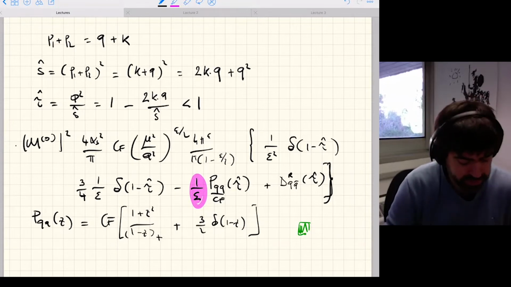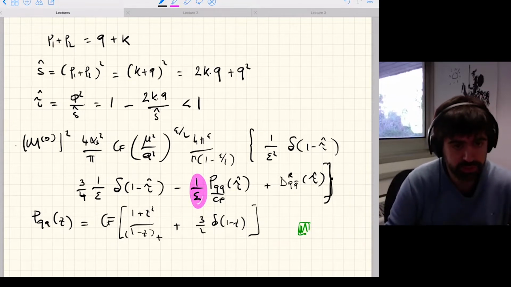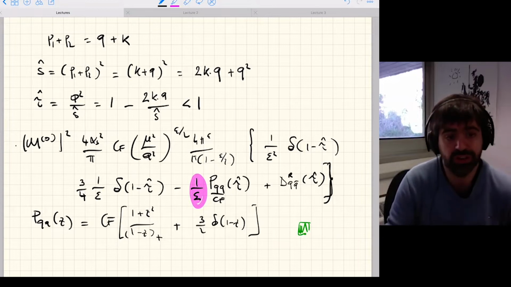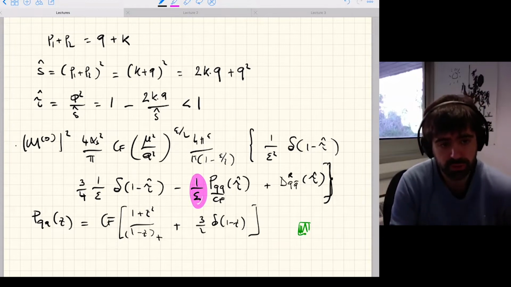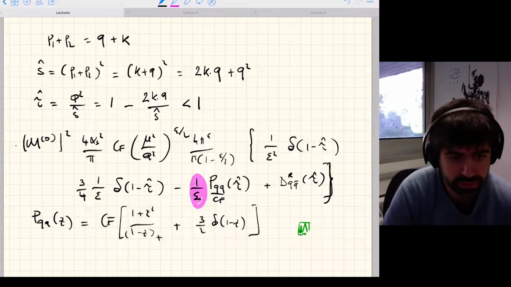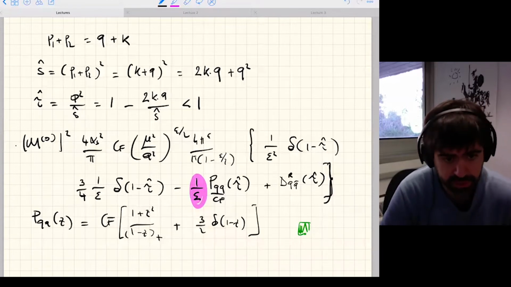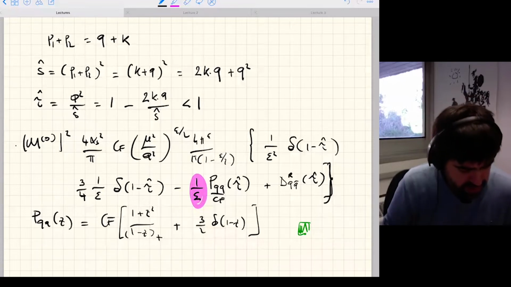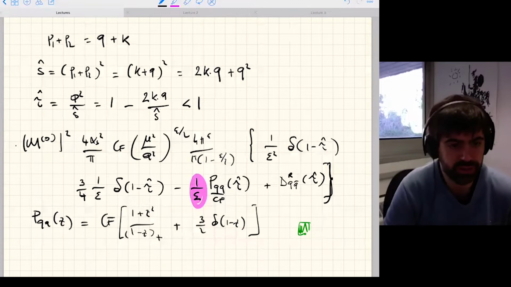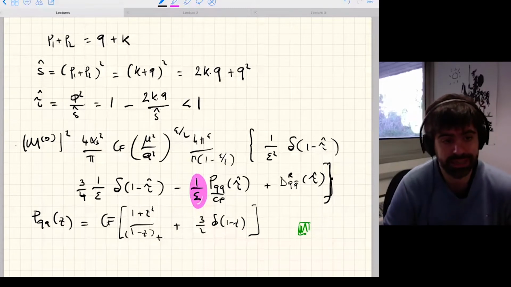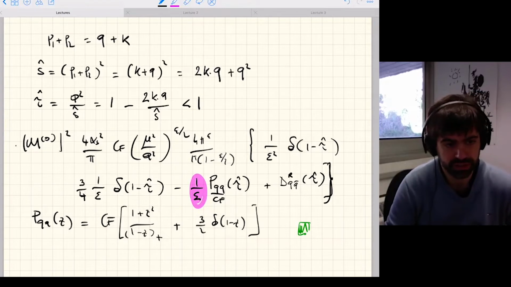However, we also found a 1/epsilon pole which comes with a coefficient that is not a delta function. It's a more complicated distribution, a function of tau hat. And then there's a finite part. This coefficient, which I call P_qq, is very famous: it's the leading order Altarelli-Parisi splitting function for the splitting of a quark into a quark.